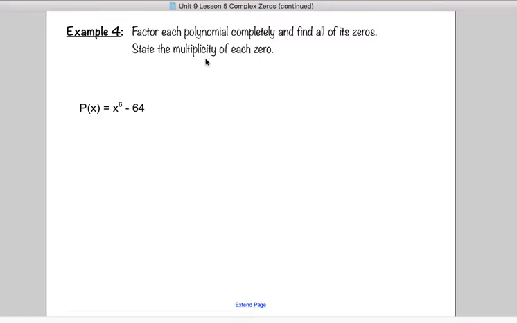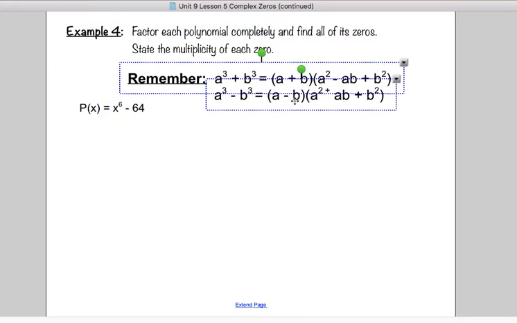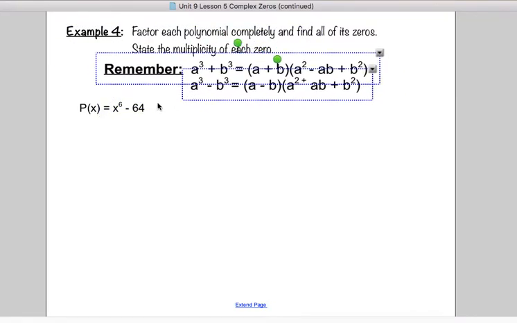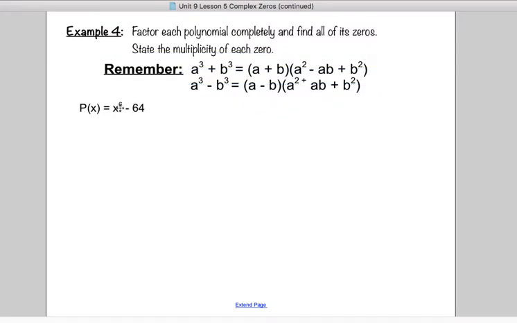Okay, so we're going to use sum and difference of cubes at some point, and we're also going to use a difference of squares. So I notice right away 64 is a perfect square, and I can take the square root of x to the 6th. So let's do this. If I take the square root of both of these, the square root of x to the 6th, anything to the square root is really to the 1/2 power, and then when you have power to a power, you multiply.